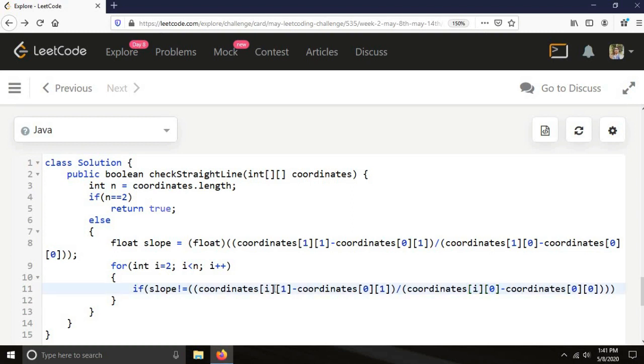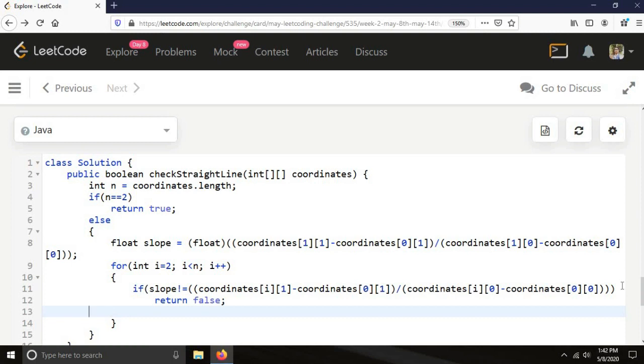So if slope is not equals to this slope, means we are calculating the slope with respect to the first point for each and every point, so it's basically yi minus y0 divided by xi minus x0. If yi minus y0 divided by xi minus x0 equals to slope, means the slope is maintained, otherwise it is not maintained. And then after checking, if it is not equal, we immediately understand that the points are not linear, and we will return false.